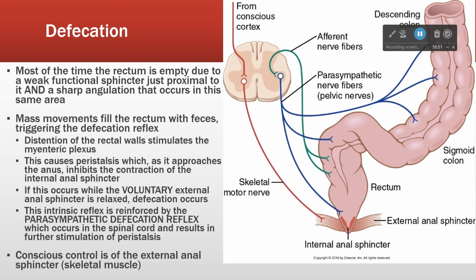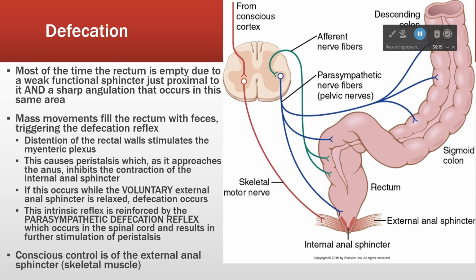So if we were a baby and our external anal sphincter was not under our control, defecation would occur at that point, right? In the person who is continent of feces, though, the external anal sphincter is a skeletal muscle under conscious control.